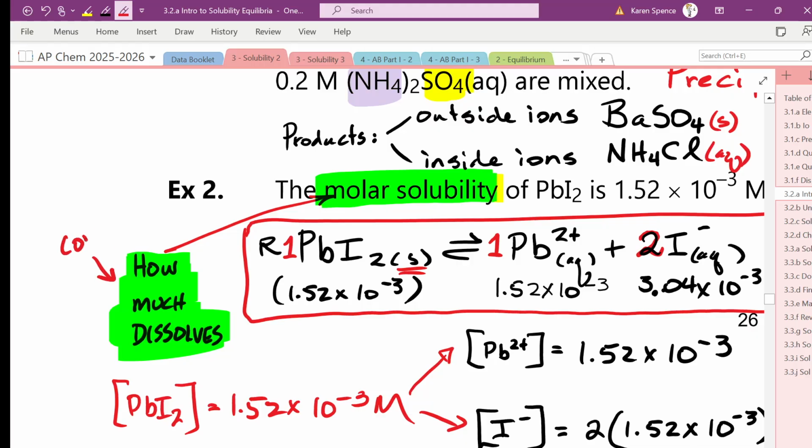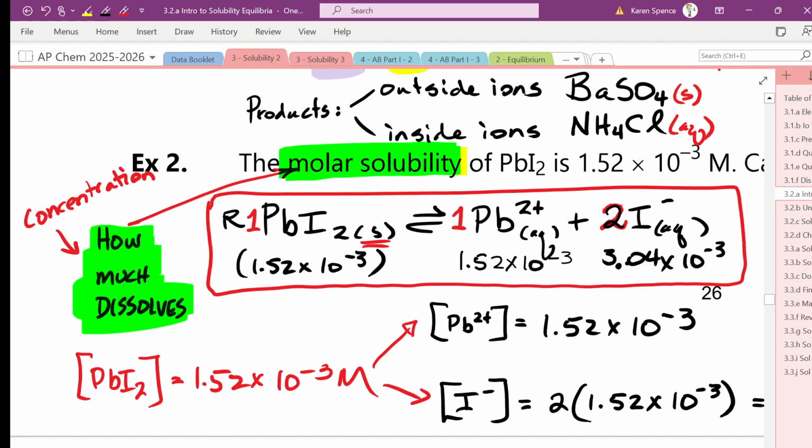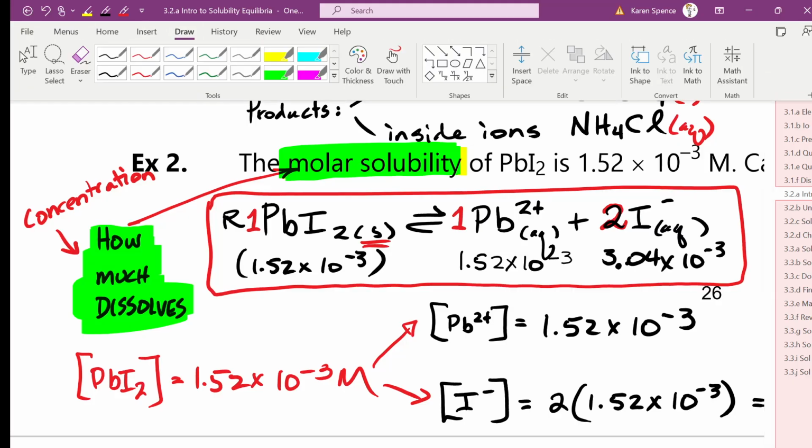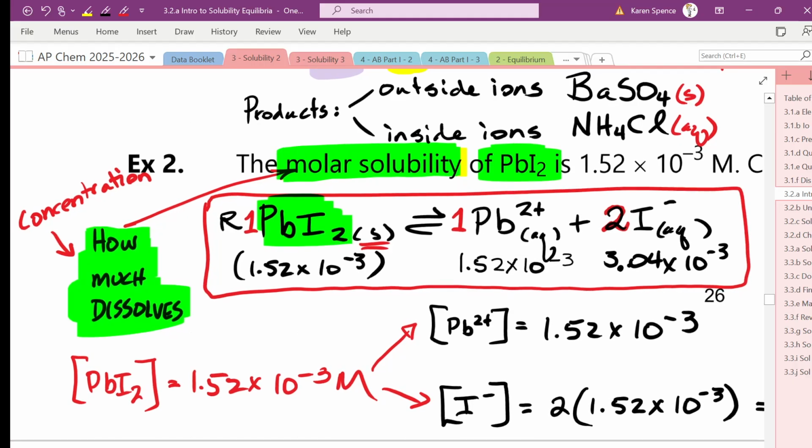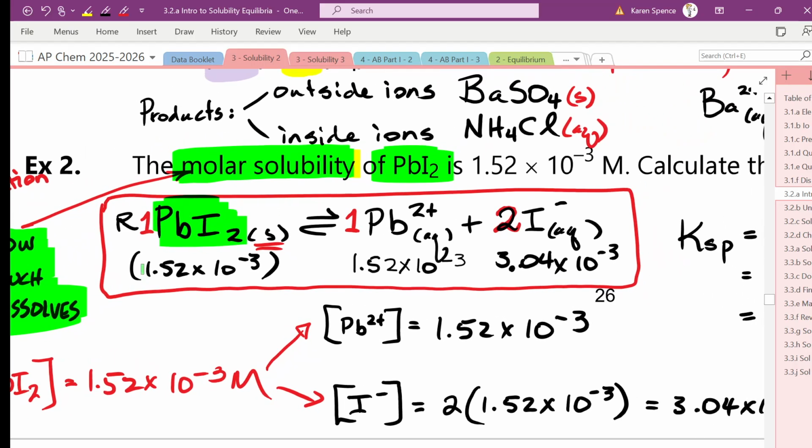Concentration. So the molar solubility is how much dissolves. In the question yesterday, it was how much lead iodide dissolves, because that was what we were dealing with. We were dealing with the molar solubility of lead iodide. And if you recall, the solubility was 1.52 times 10 to the minus 3, and this was a 1:2 ratio, so we got those numbers.